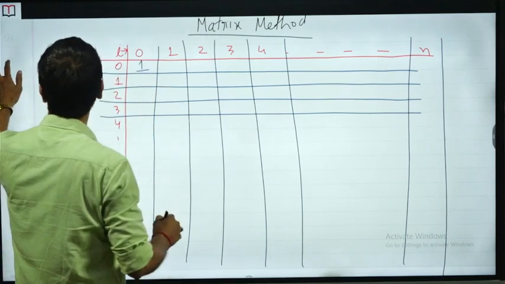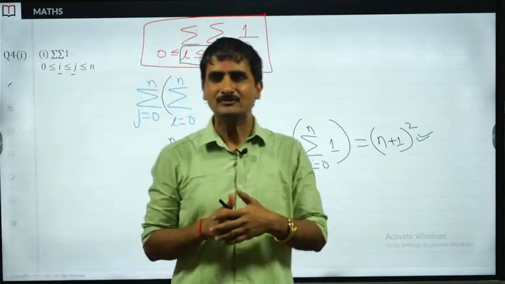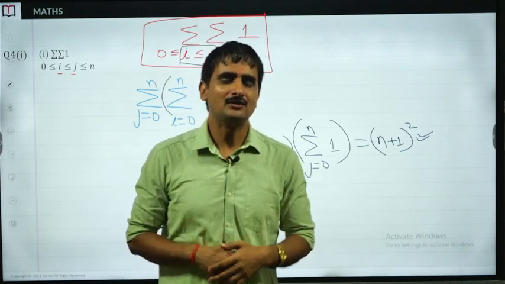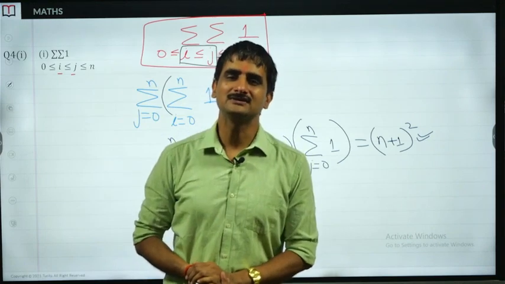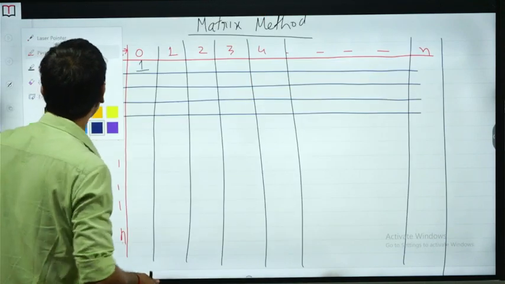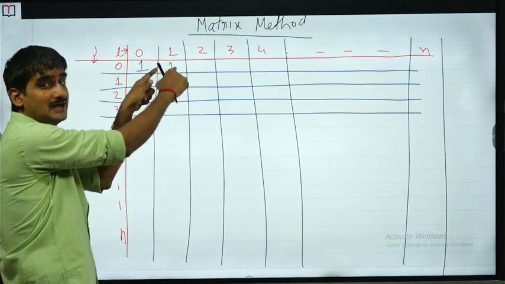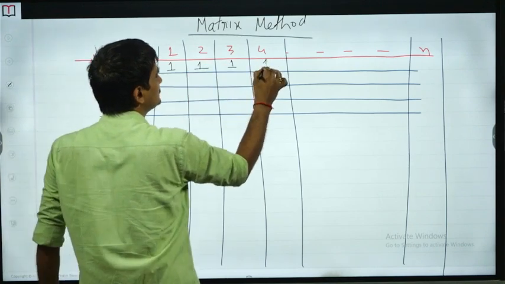Because see, summation of 1 is required. Now 1 is independent of both i and j. So whatever value you provide to i or j or both, the value of the function of summation is always 1. So I can write, of course, this is the position when i is 1, j is 0, i is 2, j is 0, i is 3, j is 0, i is 4, j is 0.